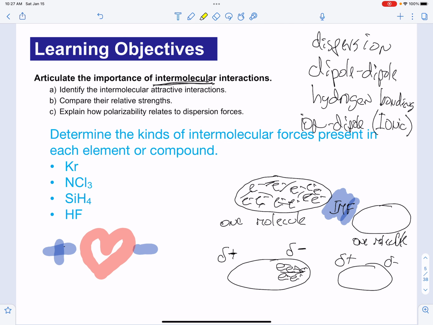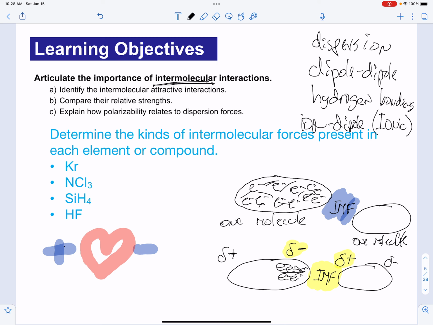So this side of the molecule is partially negative. This side of the molecule is partially positive. And if you ever played with magnets before, you know that when you put opposite poles close together, they will start attracting each other. So here is my intermolecular force.